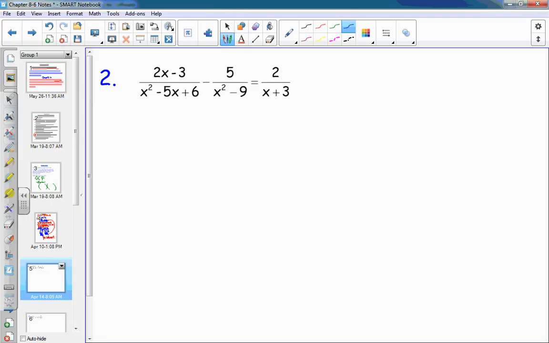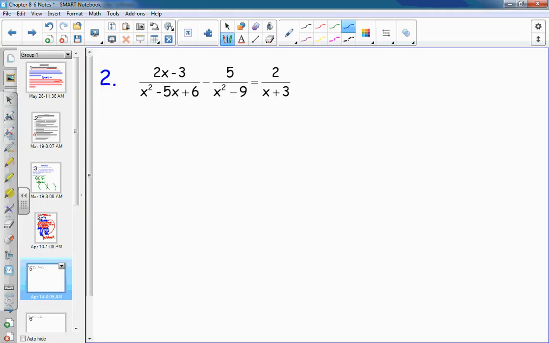Number 2. As you're writing this down, you should be scanning that denominator thinking, is each one of those denominators factored completely?